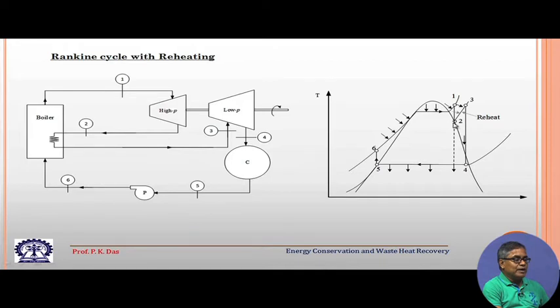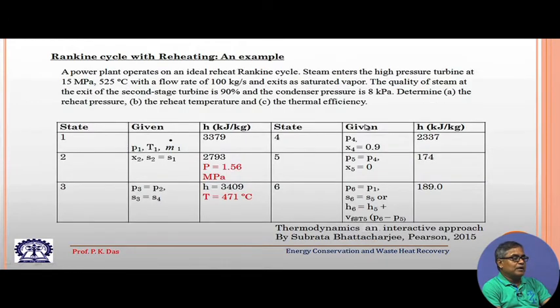Point 2 is the point where the steam comes out of the turbine, and if we read the statement of the problem, it is stated that steam enters the high pressure turbine at 15 megapascal, 525 degree Celsius, with a flow rate of 100 kg per second, and exits as saturated vapor. This is important: it exits as saturated vapor.